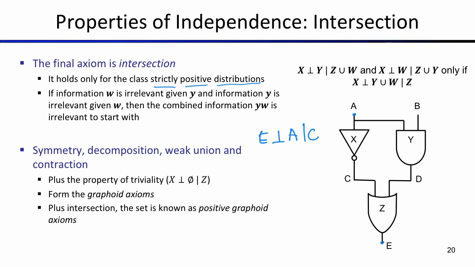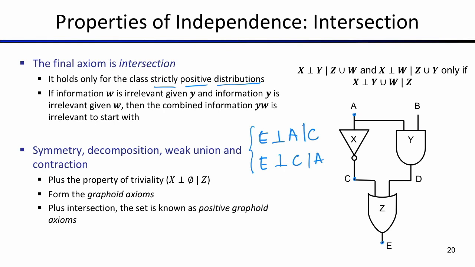At the same time, we can invert that and say that E, that is the output, is independent of C, that is this intermediate signal here, given A. Again, because knowing one, I will know the other one, and I can figure out what's going to be the output. And if we take these two independences here, we can analyze them.